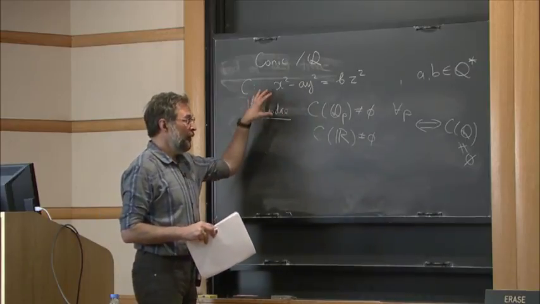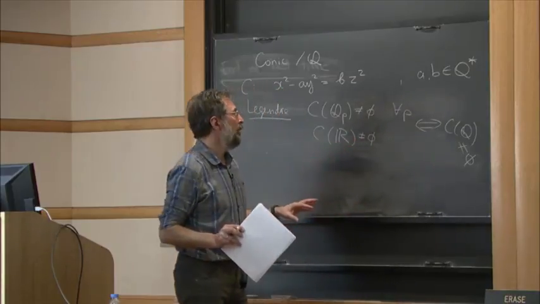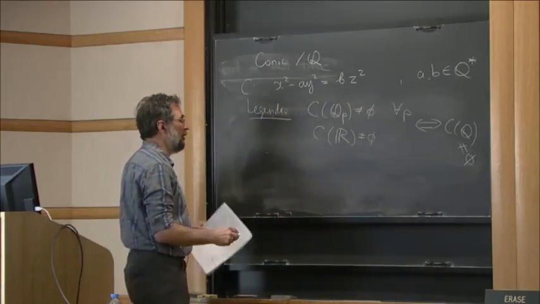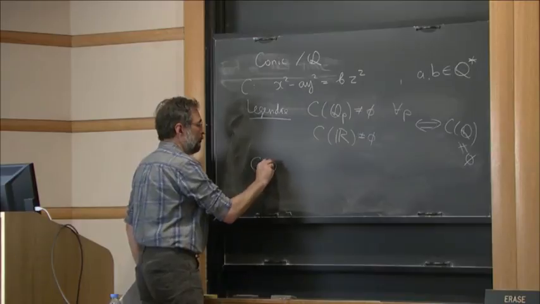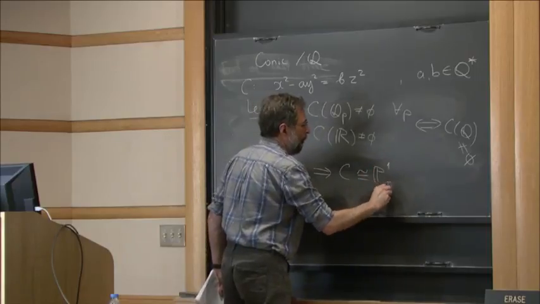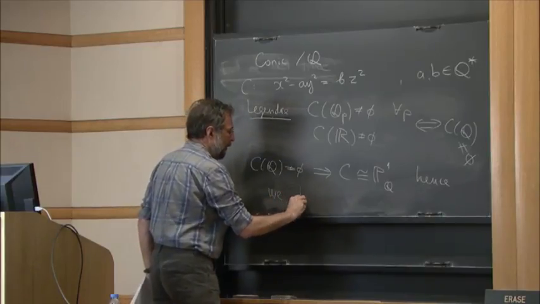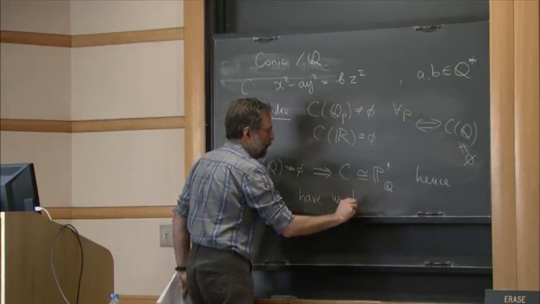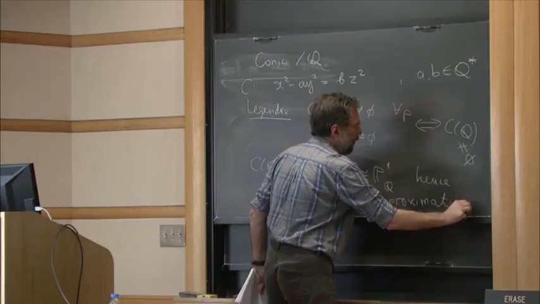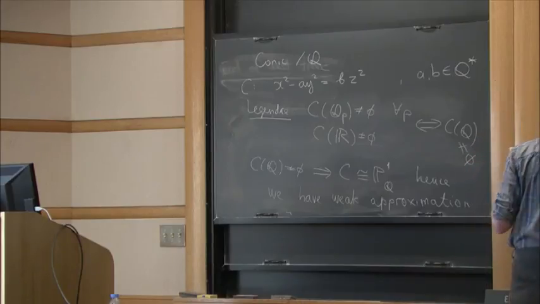Then, if you're given a finite number of primes, and maybe also real points, you can approximate p-adic points with a rational point. So that's weak approximation.